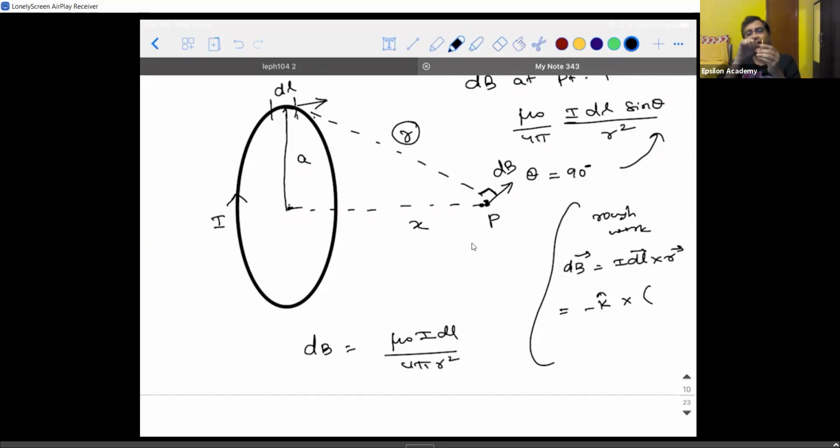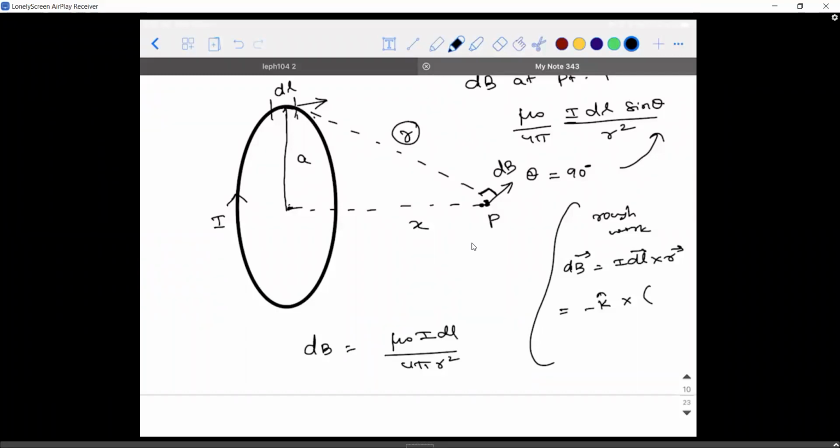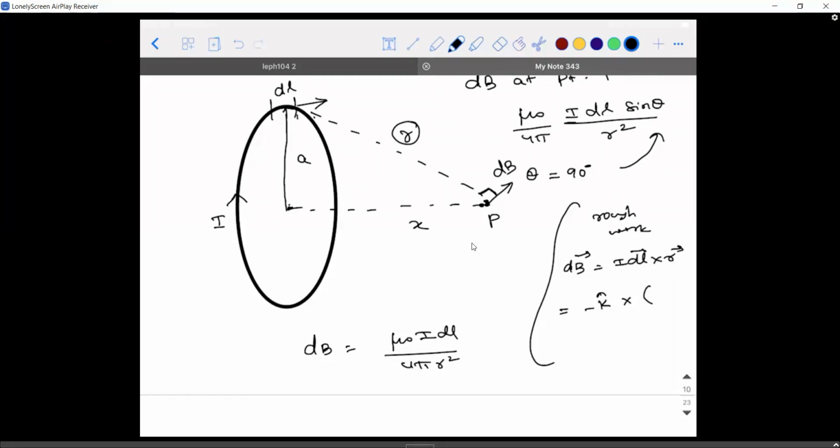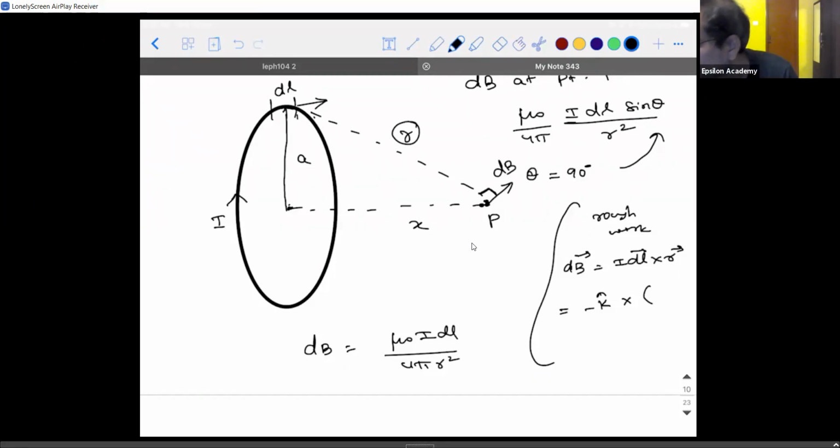With respect to this point, this will be x-axis and this will be y-axis. It is entering into the fourth quadrant. In the fourth quadrant, x is positive, y is negative. So minus k cap cross i cap minus j cap, right?